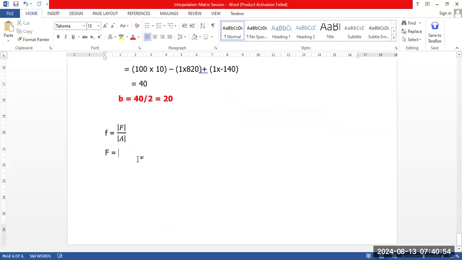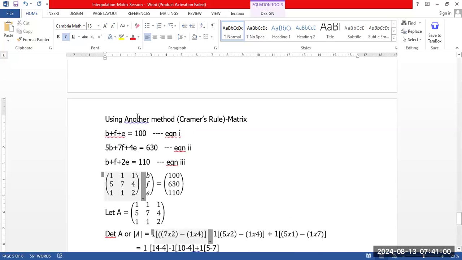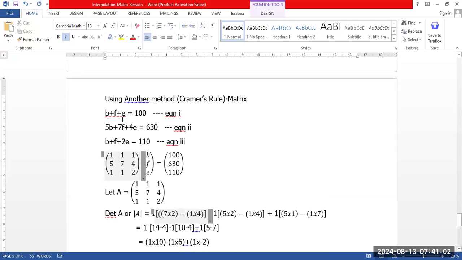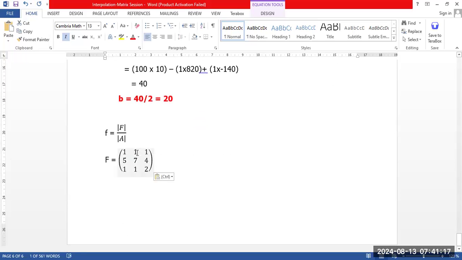Matrix F. Remember, which column do you find F? The second column. So we are going to replace the second column with this. Where I have 1, I'm going to put 100.